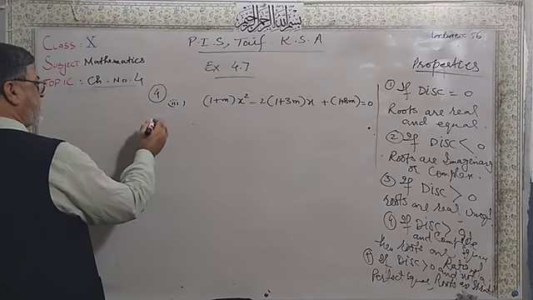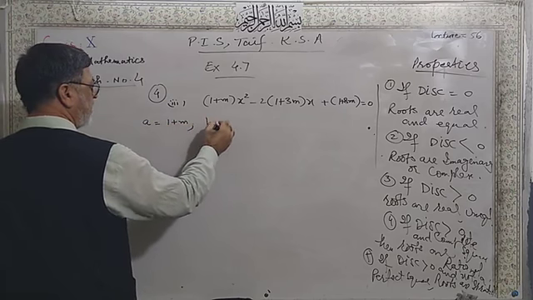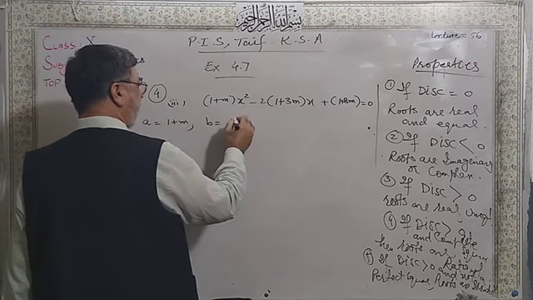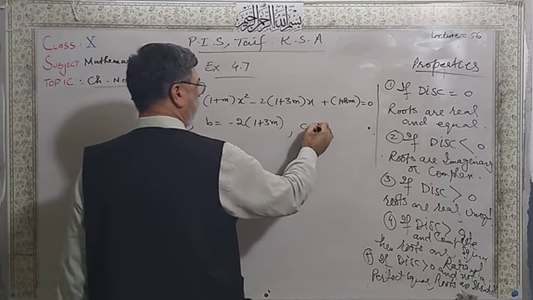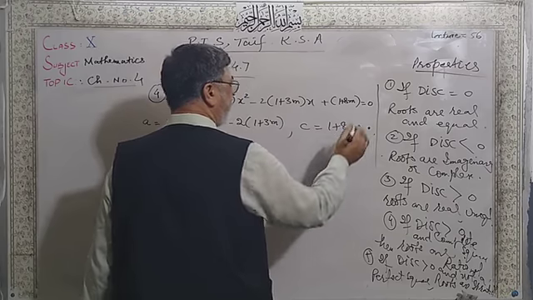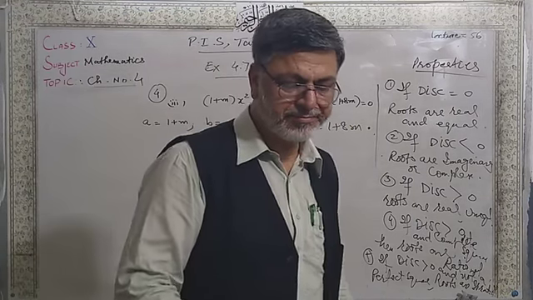Dear students, what is A? A is 1 plus m, B is the coefficient of x, minus 2 into (1 plus 3m), then C is the constant, 1 plus 8m.